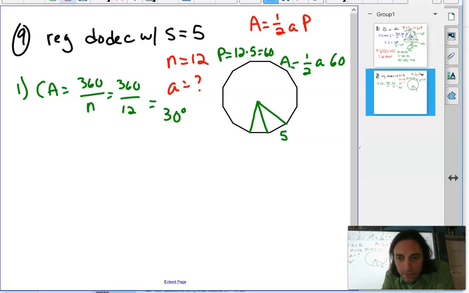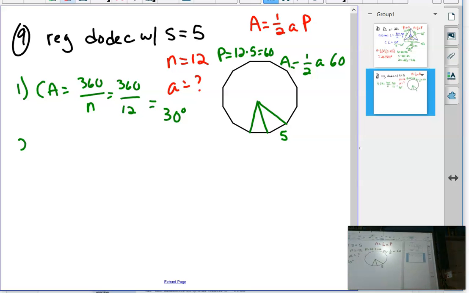That's step 1. Now really, let me just focus on one of those triangles for a minute. And what I need to do is split it in half. So I have to take 30 and divide it by 2. So step 2, take the central angle and divide it by 2. So that's 30 divided by 2, and that's 15 degrees.